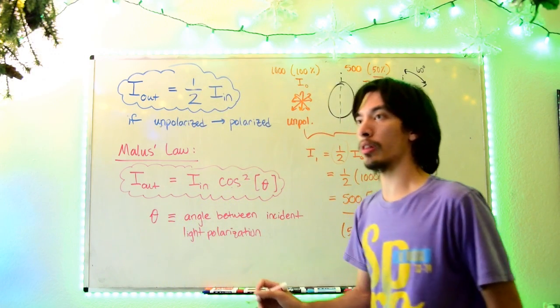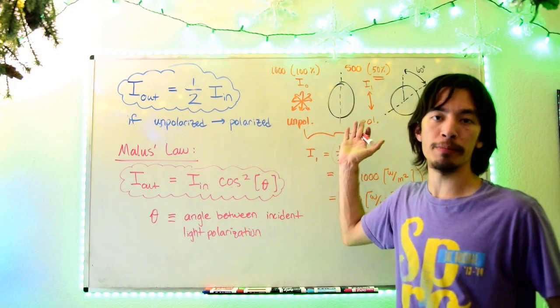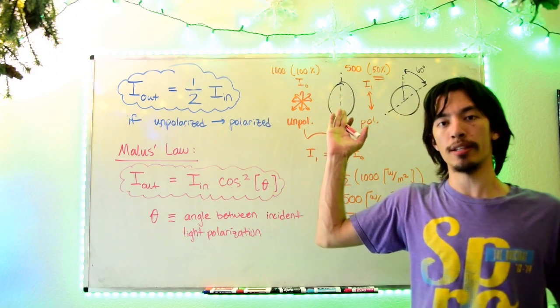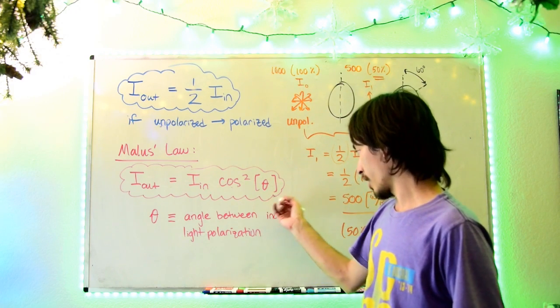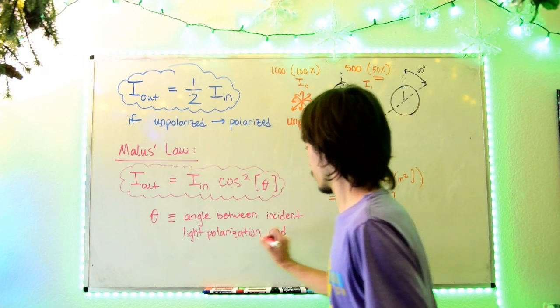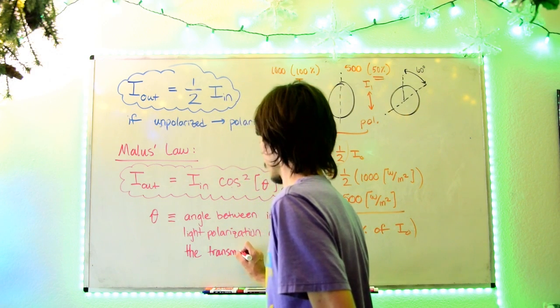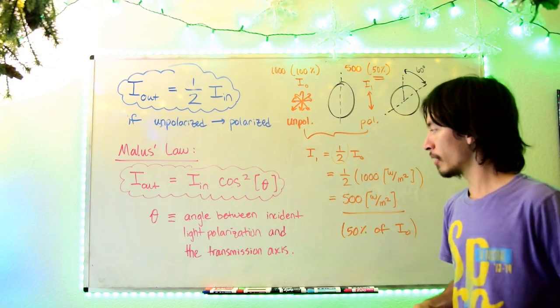Okay, so the reason why I'm stating this very generally is because the light didn't have to be vertically polarized. That light could have been horizontally polarized, and that would have changed what you would have done. So it's the angle between that and the transmission axis of that polarizer.